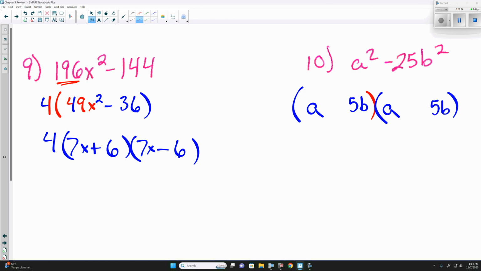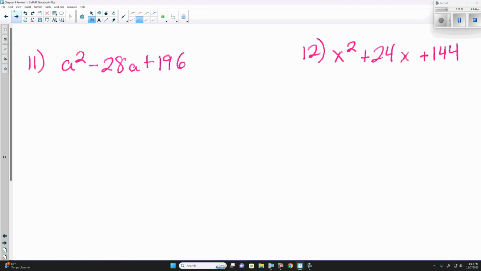Well, 5 and b. That's it. Factoring, if we have 2 terms being subtracted, is going to be a difference of perfect squares. Questions on any of this here?